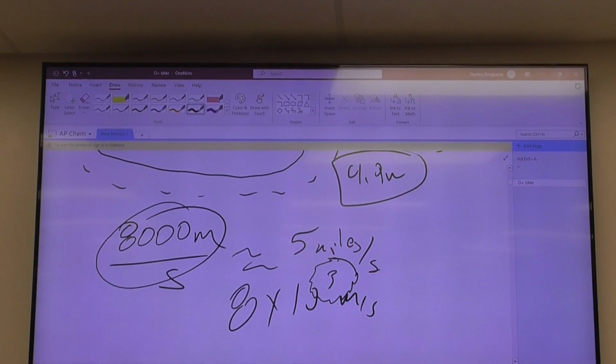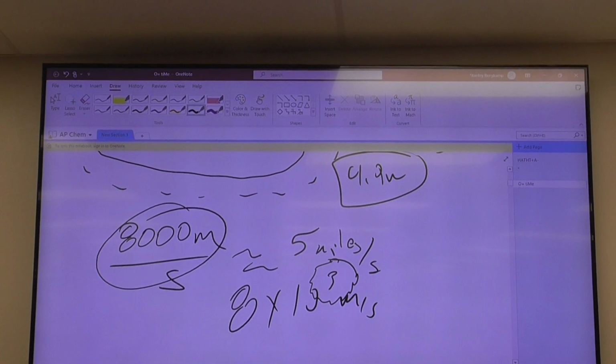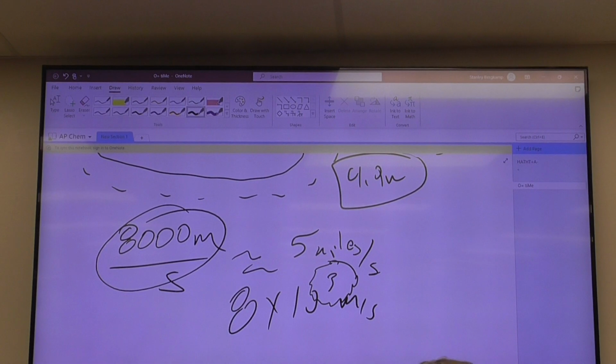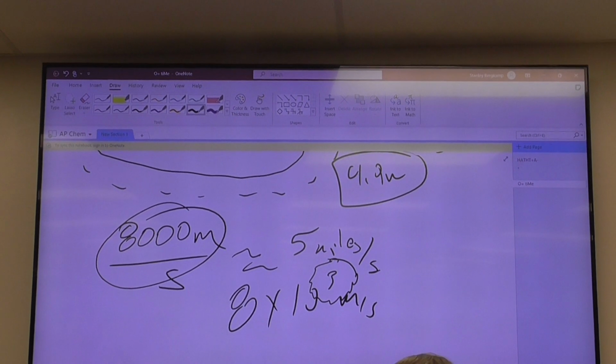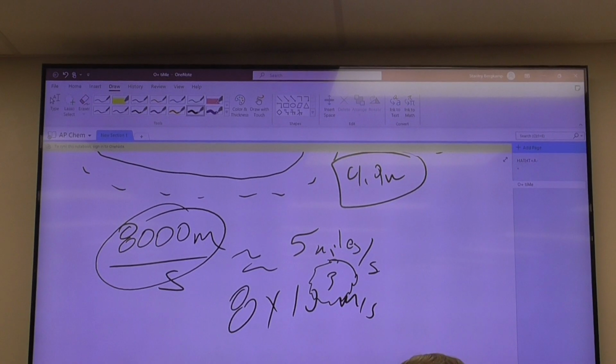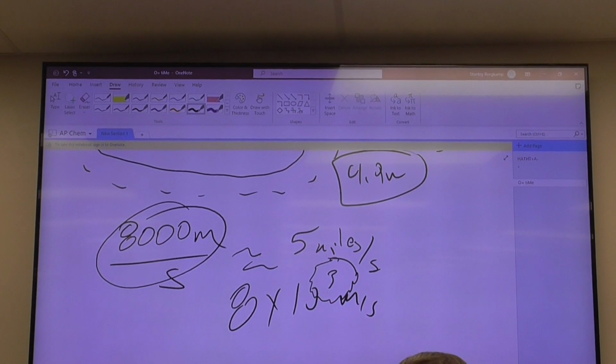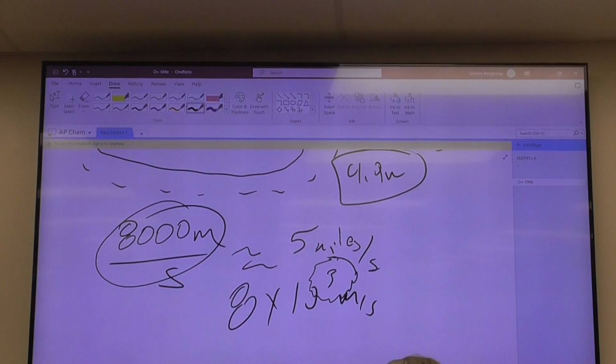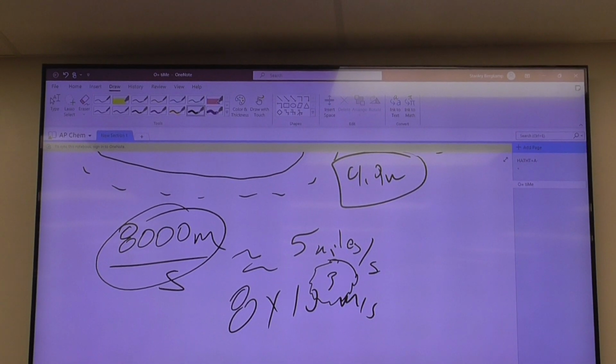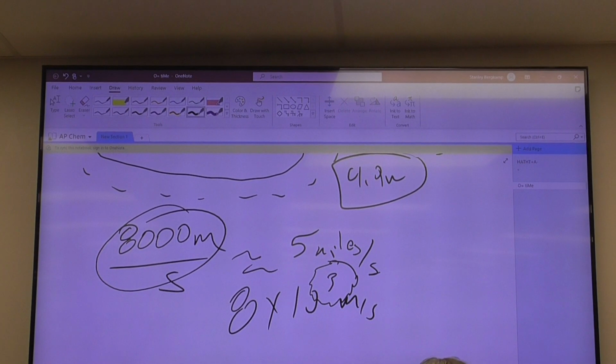Worse yet, you get faster than the speed of light, which I've seen that answer as well over the years. Speed of light is 10 to the 8th meters per second. If you ever get an answer anywhere close to 10 to the 8th meters per second for an orbiting satellite, something has gone horribly wrong.